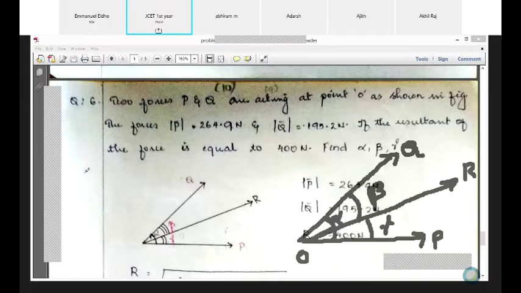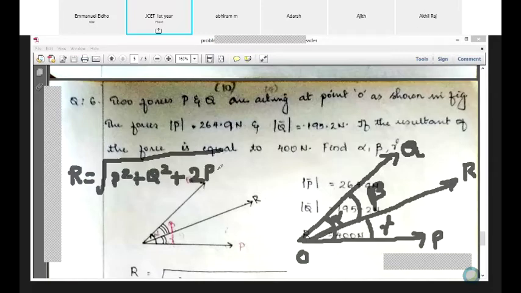So we have a formula for that. If the resultant and both forces are known, what can we find? By connecting the terms P, Q, R, then alpha, cos alpha, that term is there. Easy to find. R is the square root of P square plus Q square plus 2PQ cos alpha.